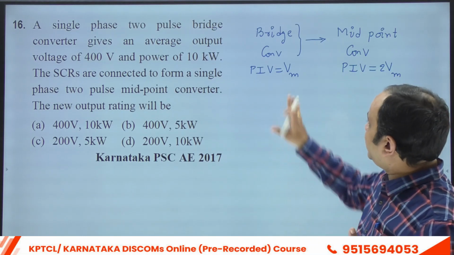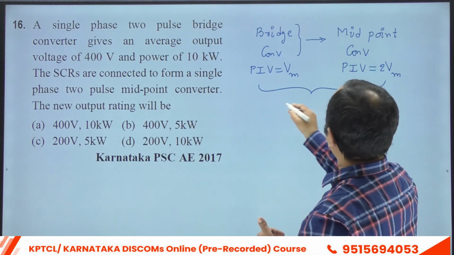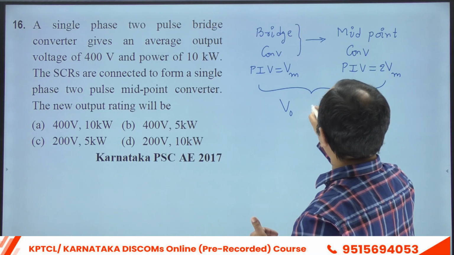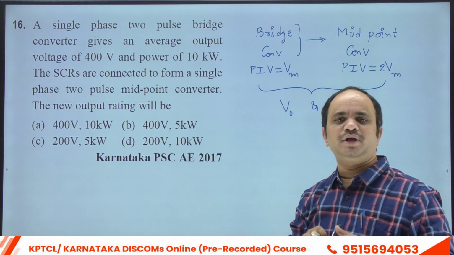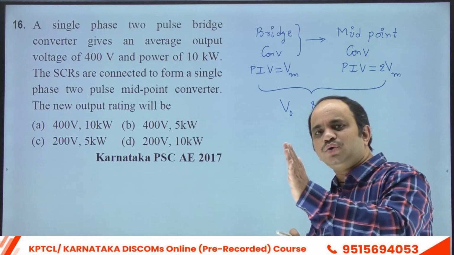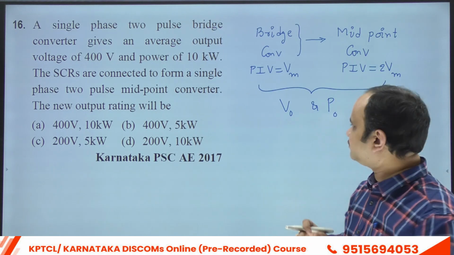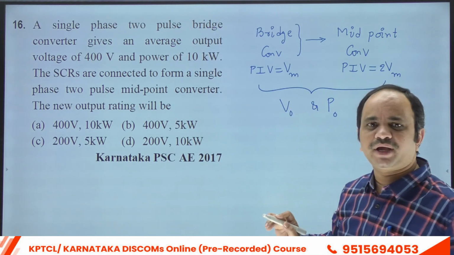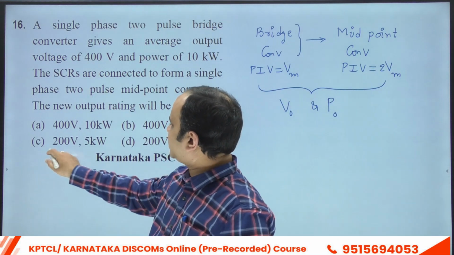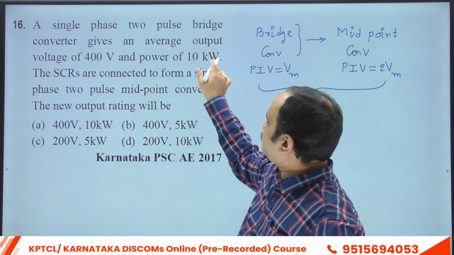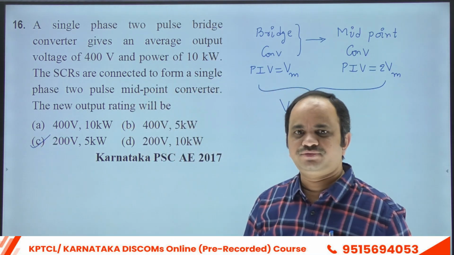In these two cases, the expressions for V0 and P0 are the same. So while moving to the midpoint converter, as I reduce the source voltage by half, these two numbers will also be reduced by half. Therefore 400 volt becomes 200 volt, and output power 10 kilowatt becomes 5 kilowatt. This could be the answer for the question.